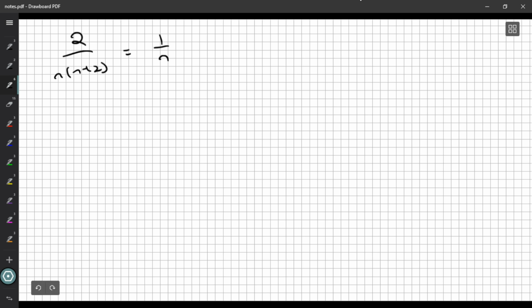This is 1 over n minus 1 over n plus 2. So if we introduce another sequence g, the g_n's, as 1 over n, then this is g_n minus g_(n plus 2). This is telescoping.